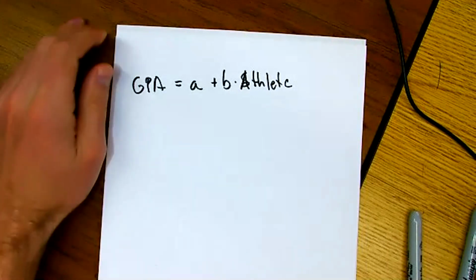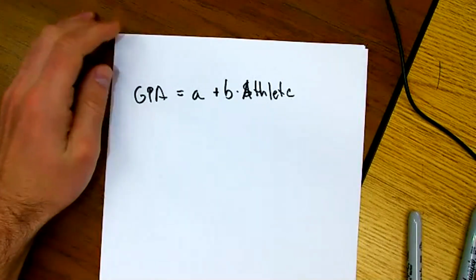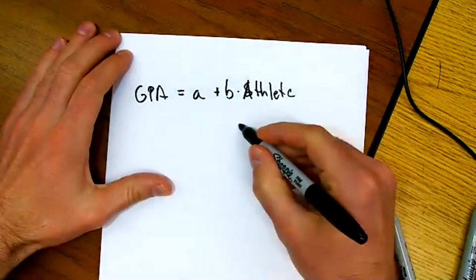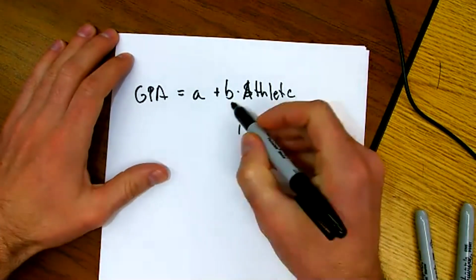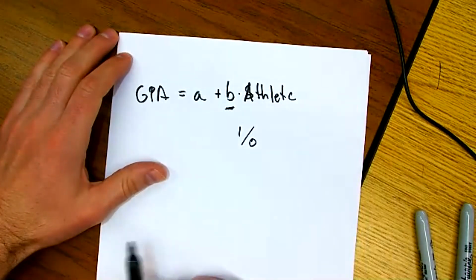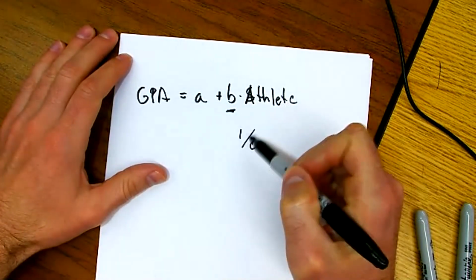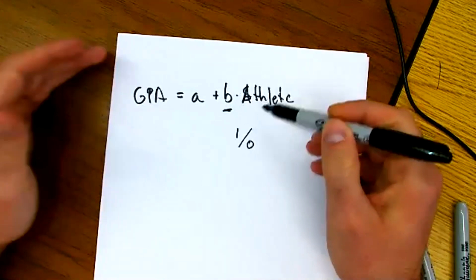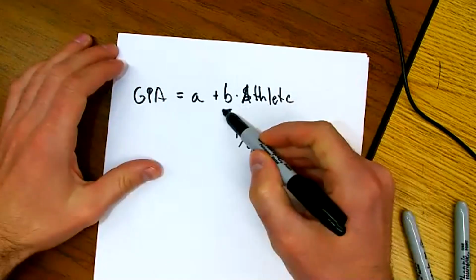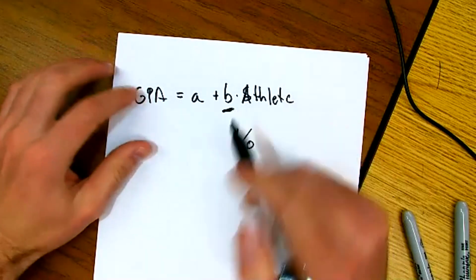Here, kind of like the smoking variable example from last class where the mother's smoking, athlete is a 1 if they're a student athlete, 0 if they're not. So the interpretation now becomes a 1 unit increase, which is just going from a 0 to 1. So being a student athlete relative to not being a student athlete, here's the predicted change in GPA.